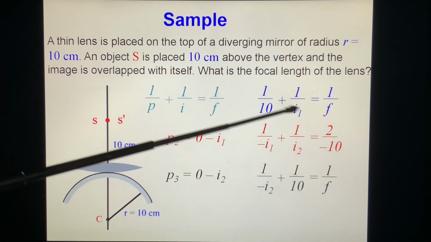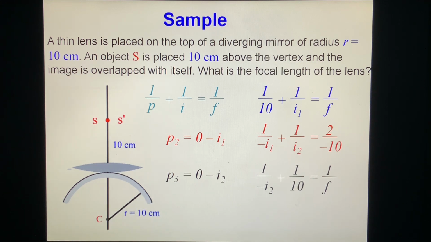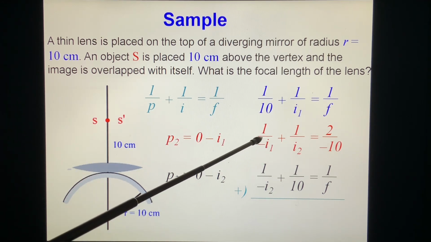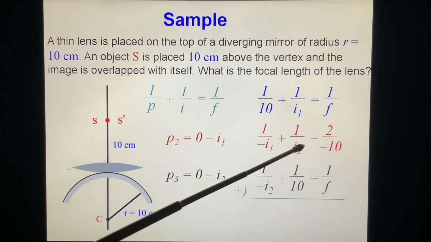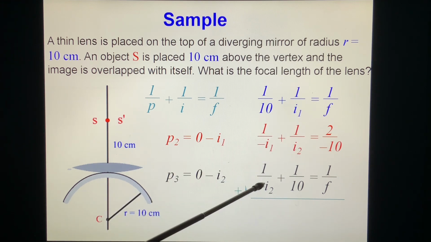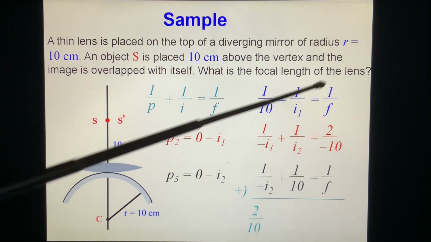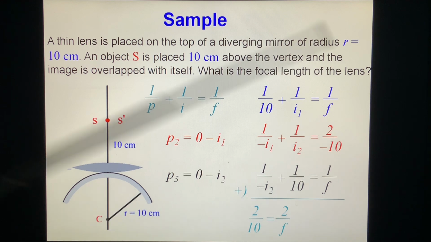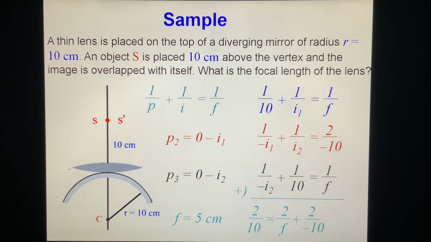So we have these 3 equations, 3 processes, and we put them together. 1 over I1, 1 over I1 minus, cancel out. 1 over I2, 1 over I2 minus, cancel out. So this is 2 over 10. This is 2 over F minus 2 over 10. So we can find F equal to 5 centimeter.